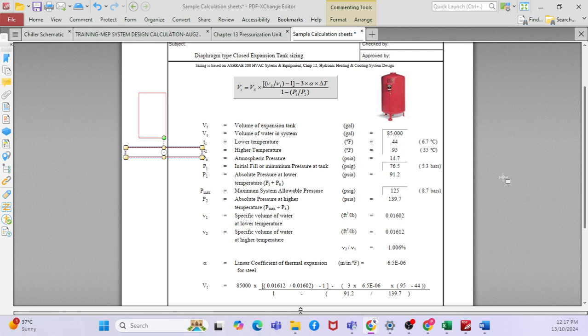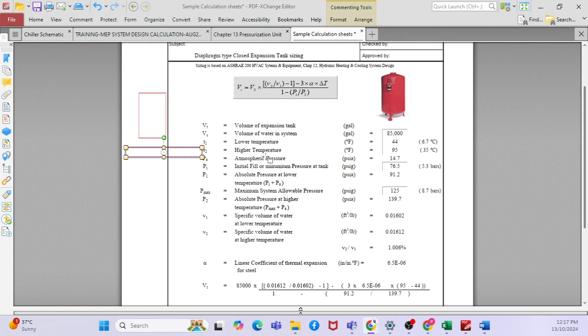The higher temperature will be the ambient temperature, which is 35 degrees Celsius as per ASHRAE standard, but you can apply your higher temperature as per local conditions. Say in the UAE, you can apply 46 degrees. So this is the lower and higher temperature.